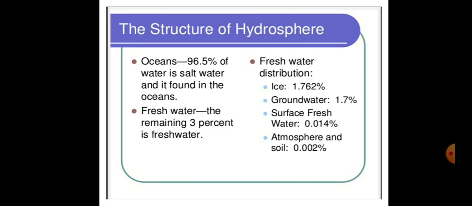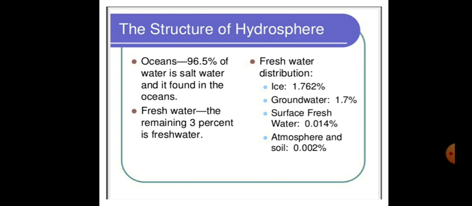This is the structure of hydrosphere. 96.5% of water is salt water, and it is found in oceans. Fresh water is only 3%. In that fresh water, we have ice also, groundwater also. Now, what is groundwater?